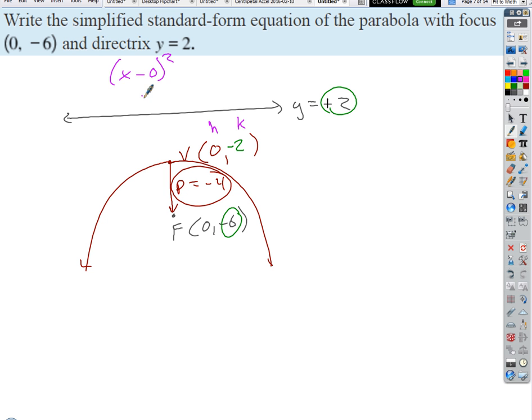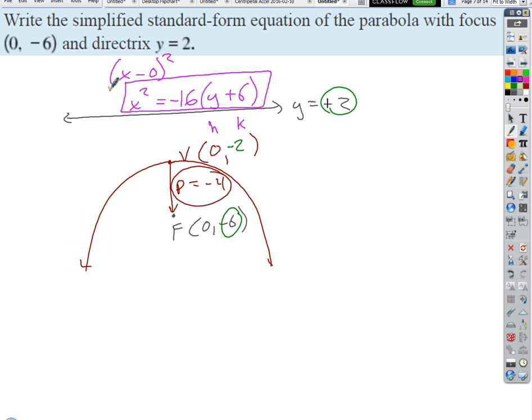So X minus 0 squared, which we could just write as X squared, equals 4 times negative 4, which is negative 16, right? P is negative 4, and I gotta multiply 4 times P. So negative 16 times Y minus negative 6, which is Y plus 6.